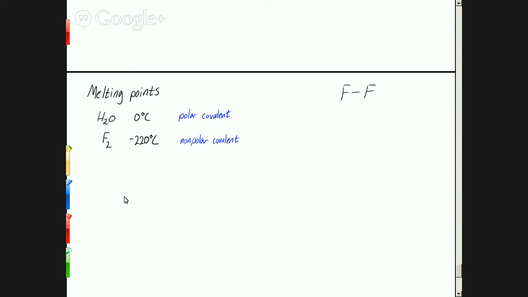Big difference, right? And then we'll look at one more. Sodium chloride. How would we describe that? That's going to be a third category, not polar or nonpolar, but what do we call that kind of compound?